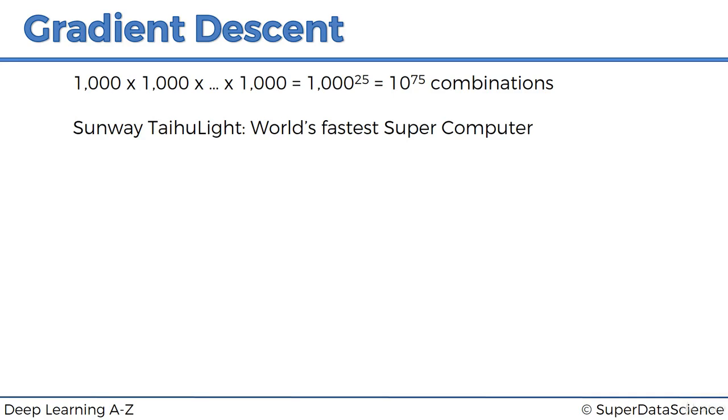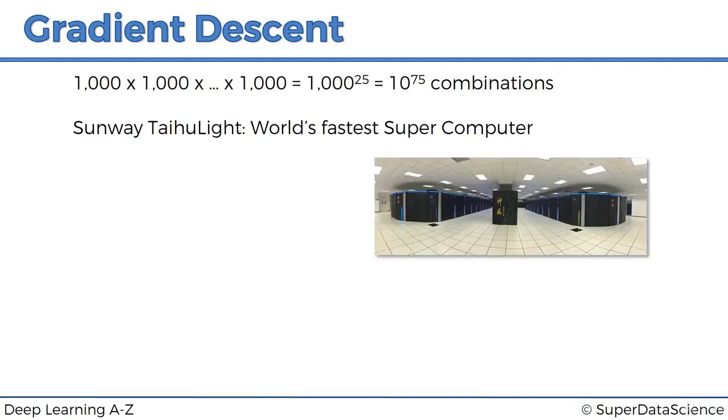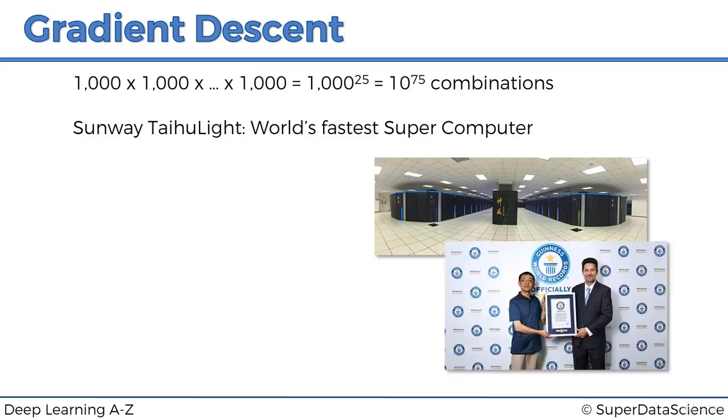So Sunway TaihuLight looks like this. It's a whole huge building pretty much for this one supercomputer, and it got the Guinness World Record for being the fastest supercomputer. Right now it is the fastest supercomputer in the world, and it can operate at a speed of 93 petaflops. A flop stands for floating point operation per second.